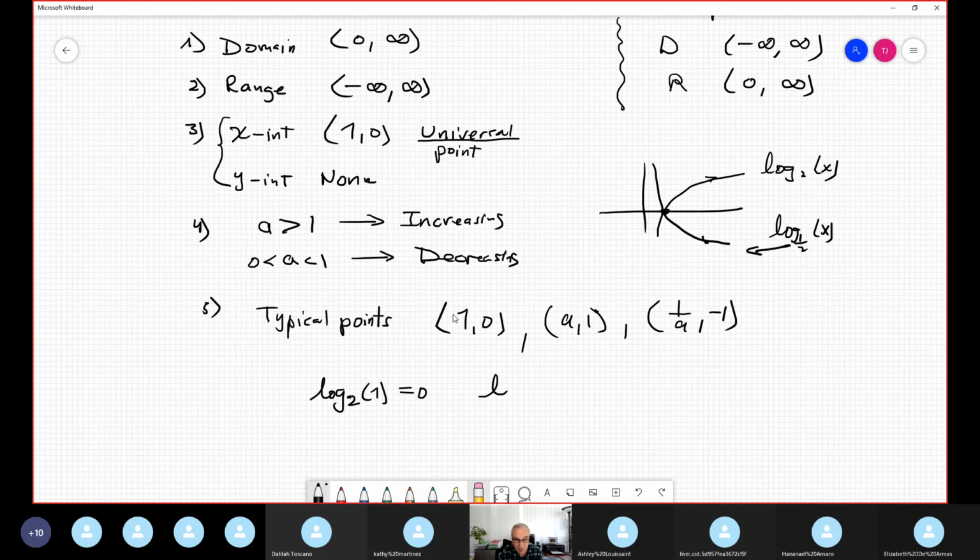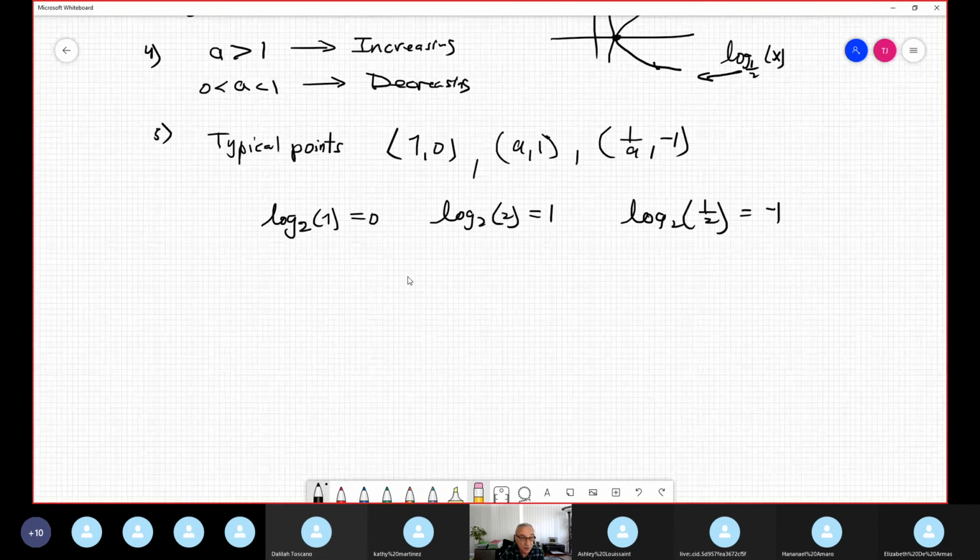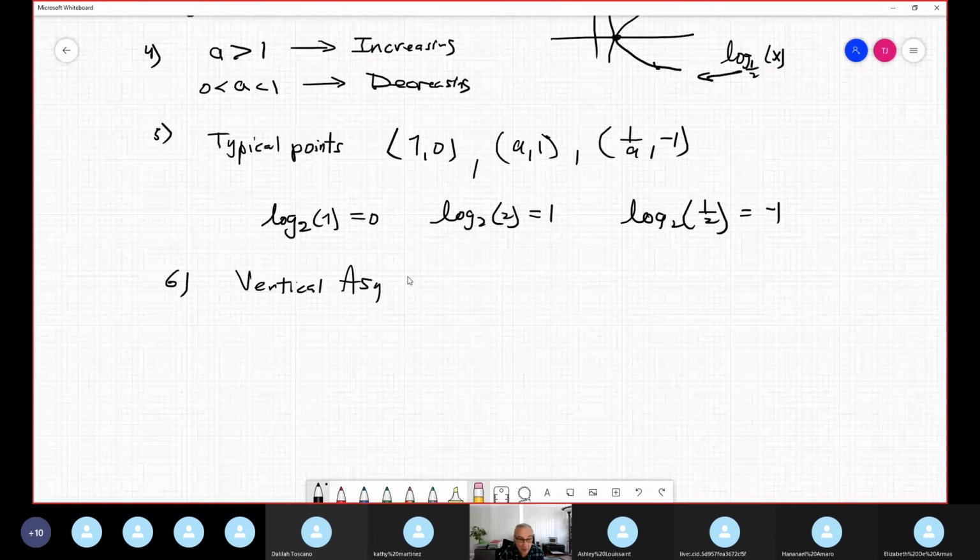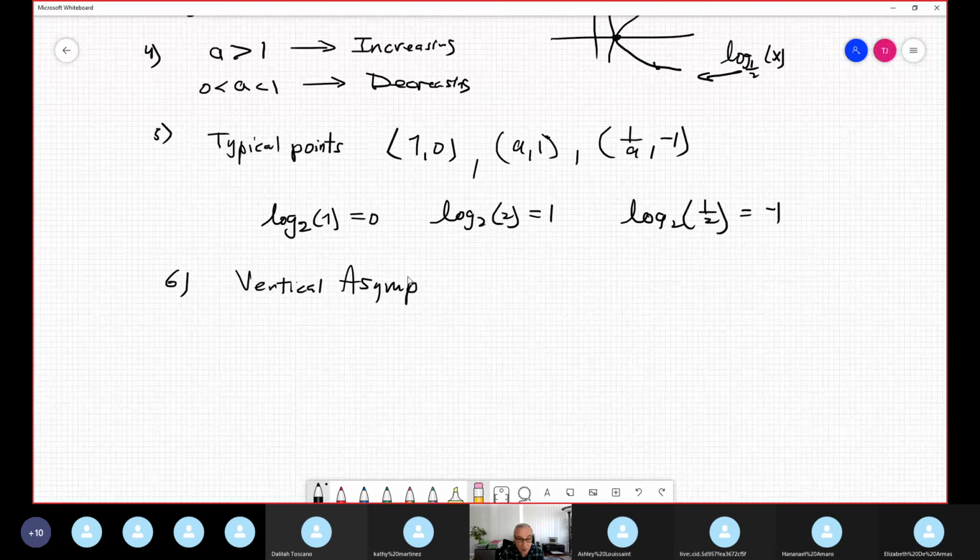Logarithm base 2 of 2 is 1. Logarithm base 2 of 1/2 is negative 1. And don't forget, important, the vertical asymptote that any graph of the logarithm function has at x equals 0.